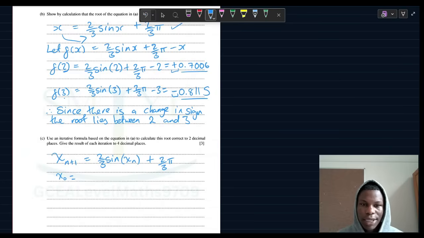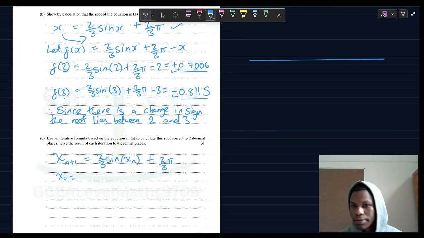Here, I might favor starting with the midpoint of 2 and 3, because its function value would be much closer to 0. Because basically what's going on here is, it's positive at 2 and negative at 3, so your function is something like this.